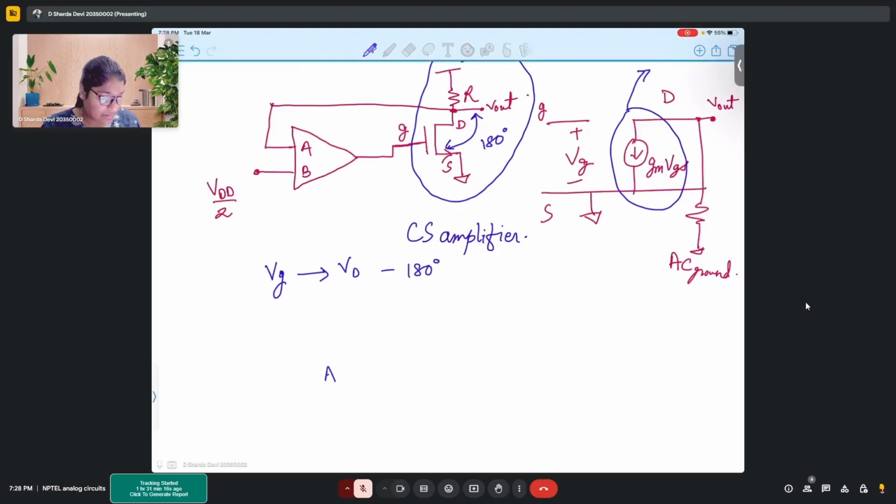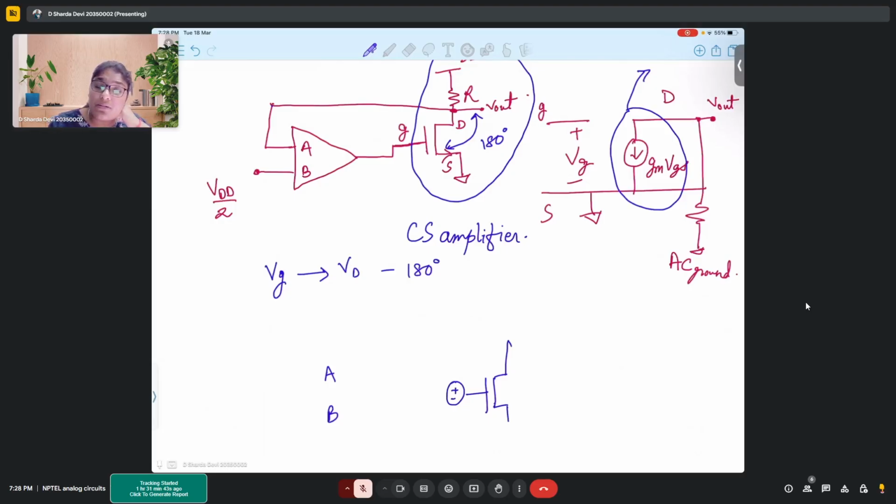And they have put a test source which is connected to the gate of the MOSFET. Okay. I don't have the steps now, what to do, but they have done like that.